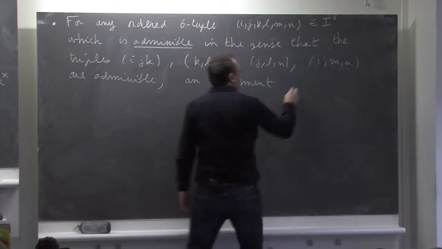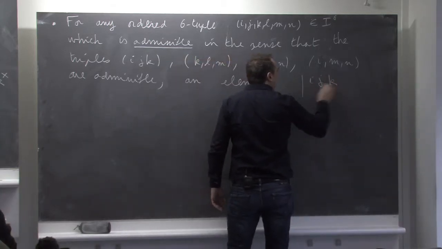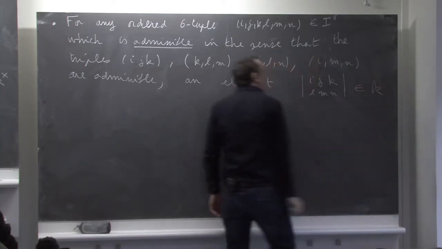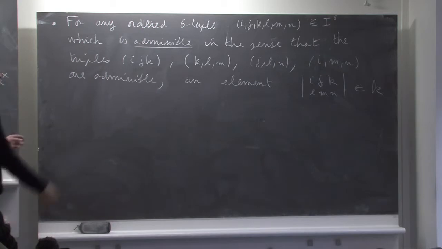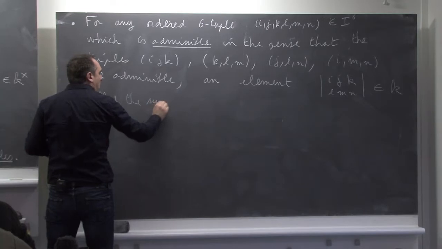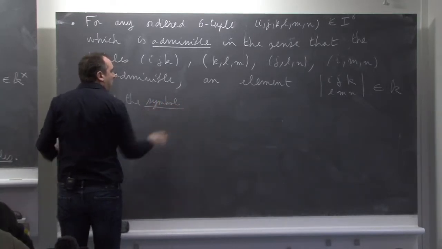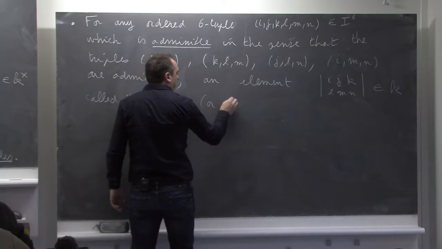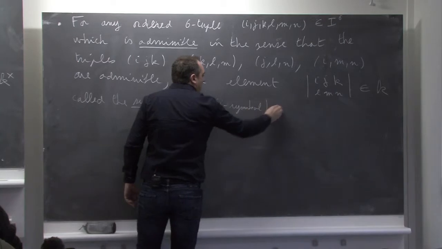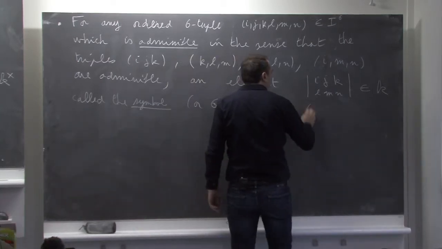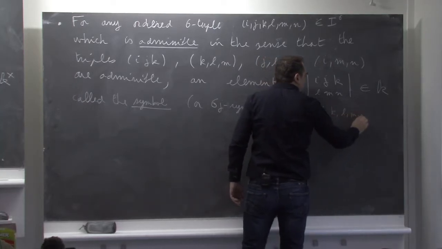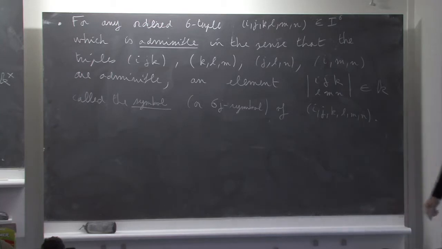I will denote it by this, I, G, K, L, M, N in the ring that we called, in the literature, 6G symbol of the sixth tuple. Okay. So we need this data.